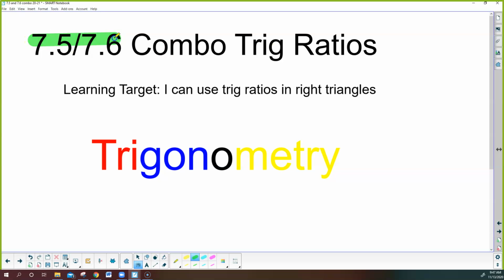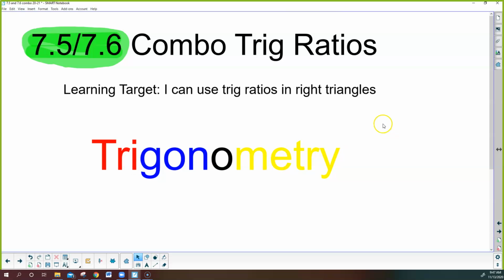All right, today, and I know I've said this before, but today could be the biggest day of your geometric careers, meaning you will be using this skill at every level of math for the rest of your life. Now, we're going to teach you something that you may have already heard of, but we're going to study trigonometry. So trigonometry is just breaking down, tri meaning three. So we have three sides and their measures.